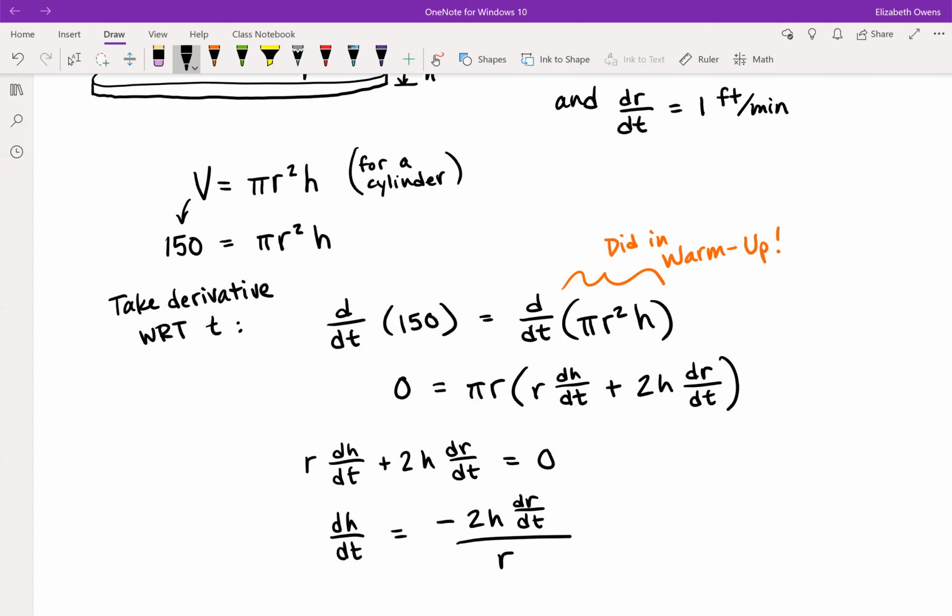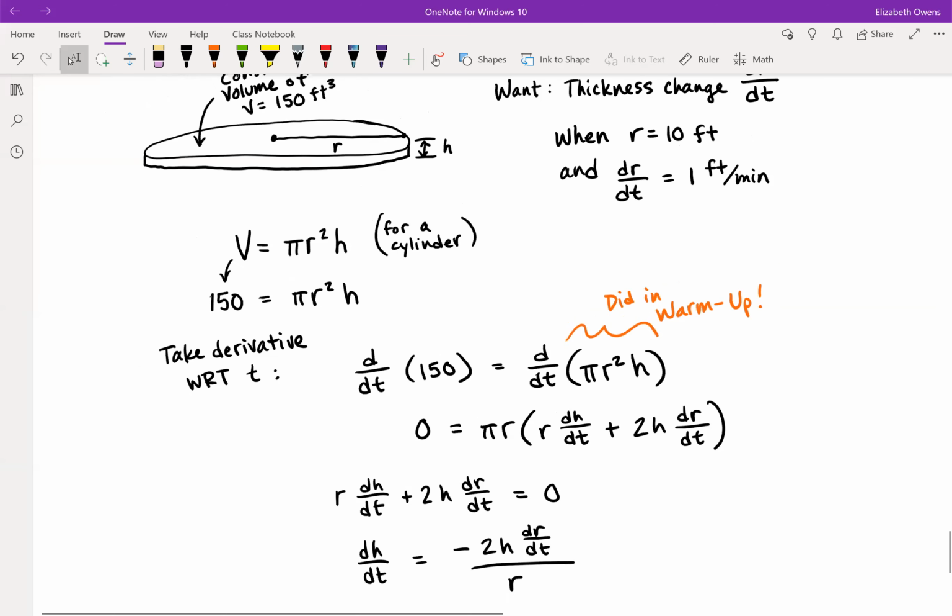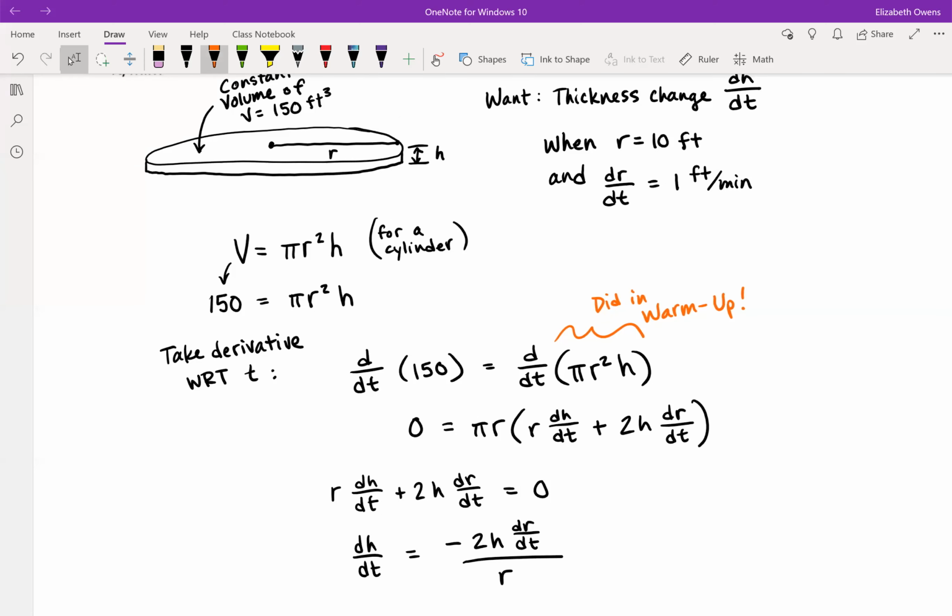And we have quantities for a couple of those things. Okay, we have a quantity here for the radius r. r is going to be 10 feet.